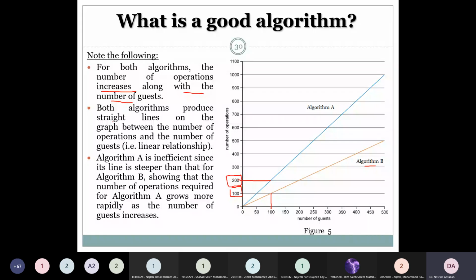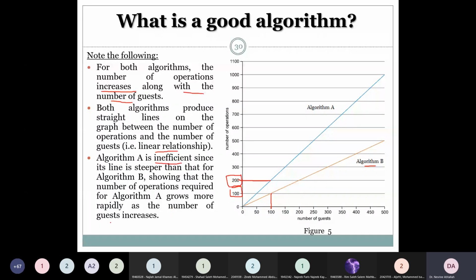But algorithm A is inefficient since its line is steeper than that for algorithm B, showing that the number of operations required for algorithm A grows more rapidly as the number of guests increases. So it is inefficient when compared with algorithm B.